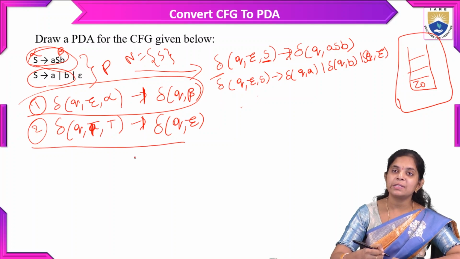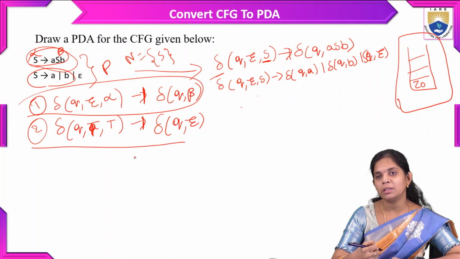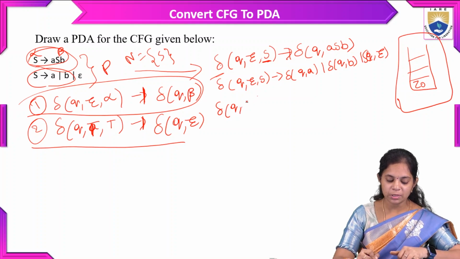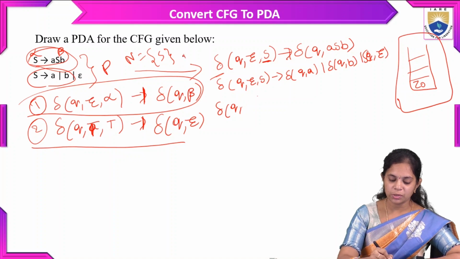What it says is how many terminals are there in the production. So we need to write all the productions in this form. So delta of Q comma, how many terminals? Small letters are all terminals. So here T is equal to A comma B, epsilon also.